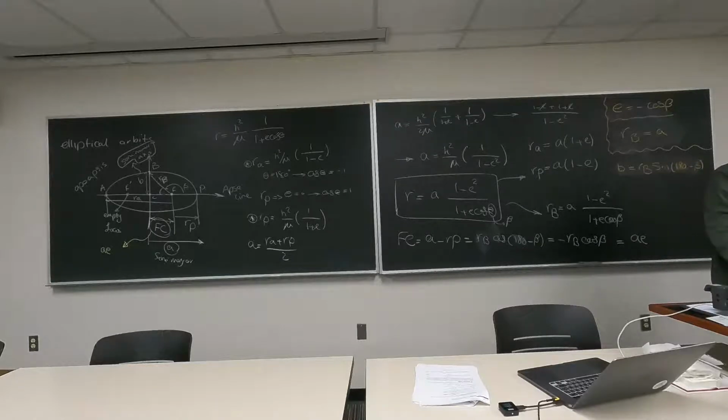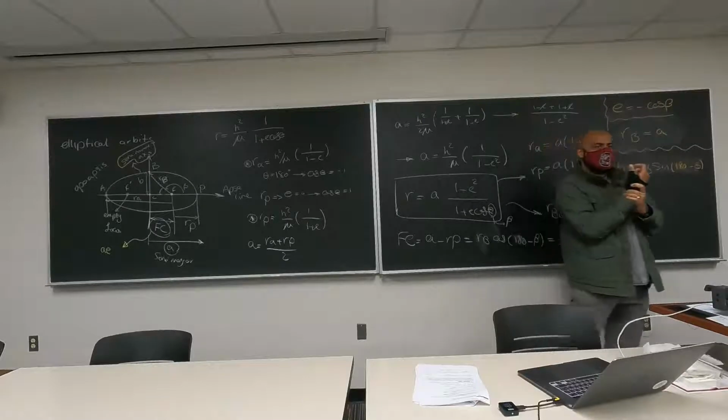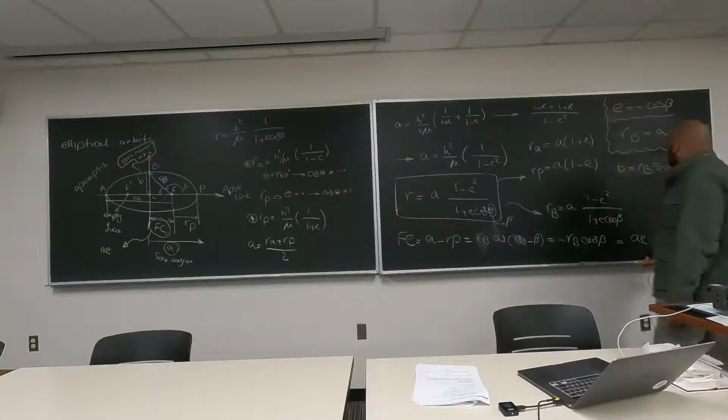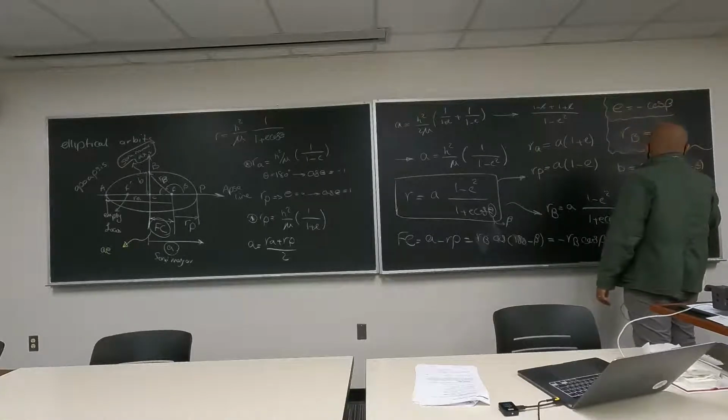That doesn't really matter. Sine of 30 is 1/2. Okay. What is sine of 180 minus 30? So sine of 150 degrees, right? It's the same thing, right? 1/2, right? Which means that B is going to be equal to RB sine of beta.